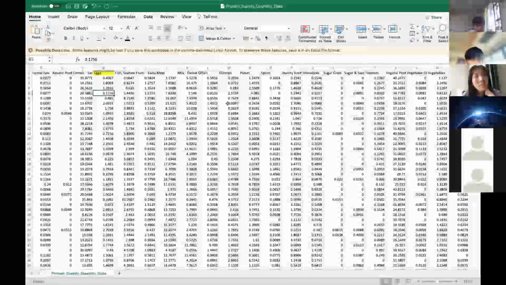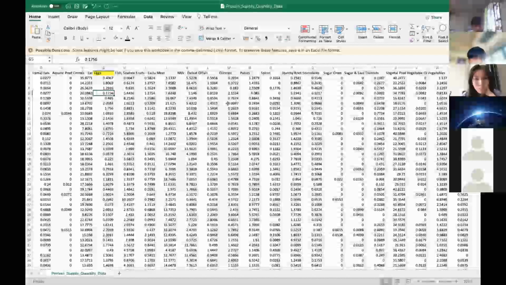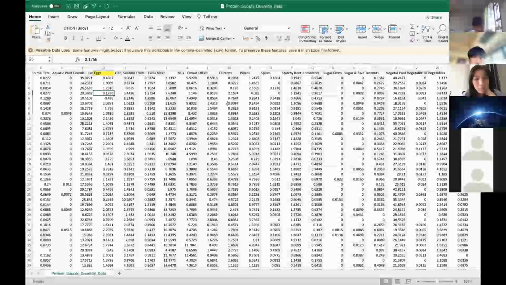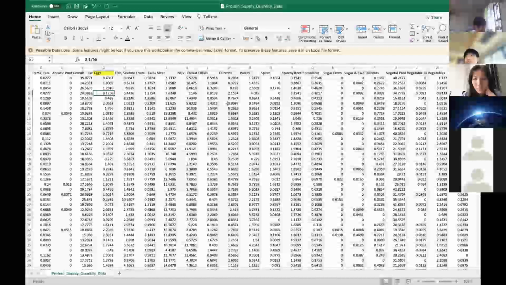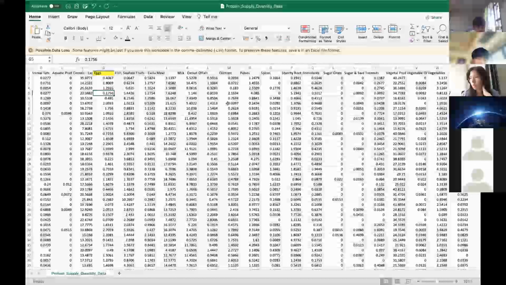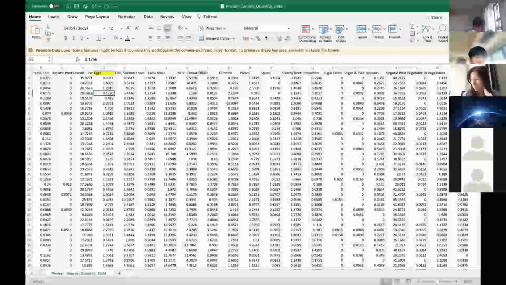Now, I would definitely not just ignore fish and meat and say egg is my protein. Definitely, I would not do that. What might be more interesting is, first of all, you can run all of this as your input variables.